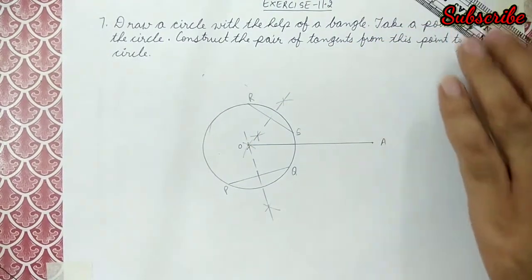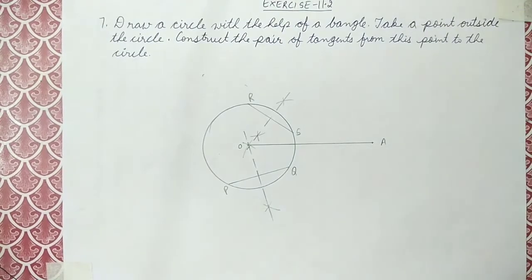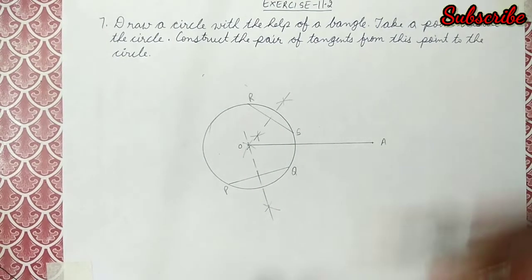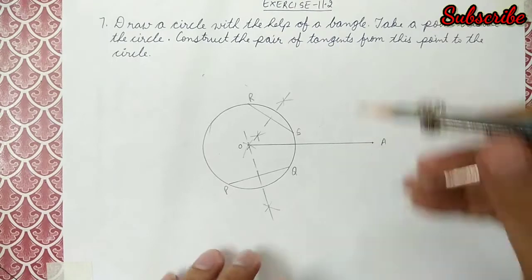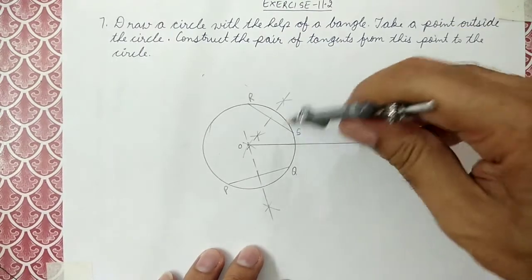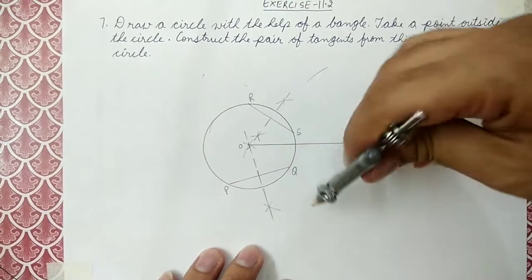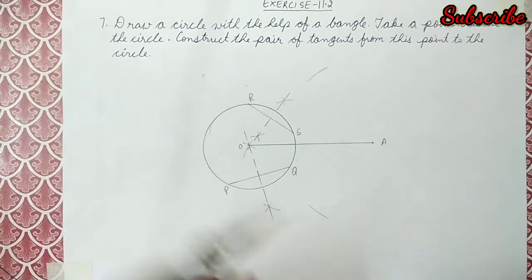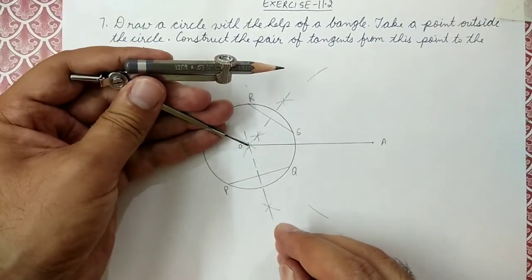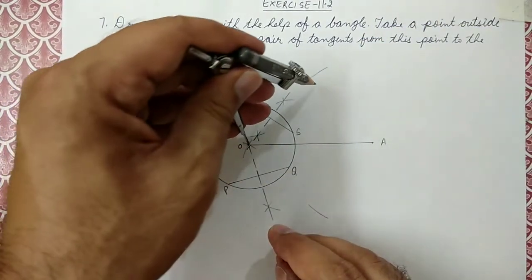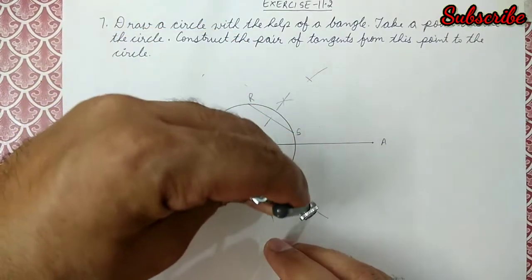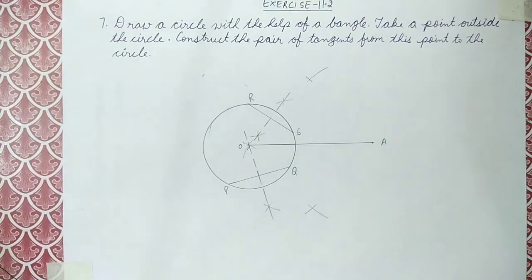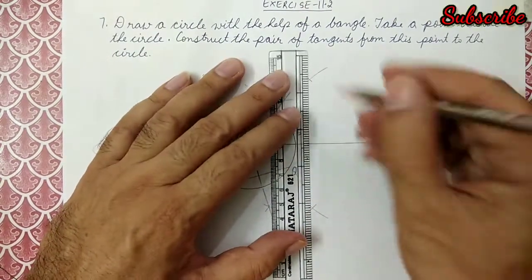Then we draw the perpendicular bisector of this line segment, opening the compass a little bit more than half of this line. We draw two arcs from A, and same way two arcs from the point O. Join these 2 points.